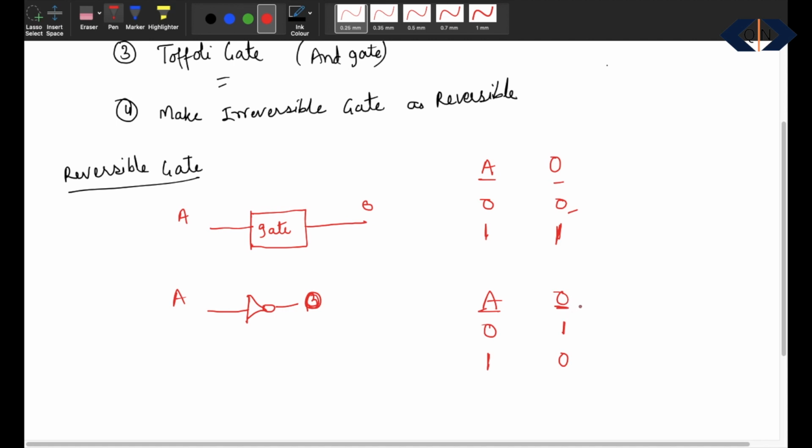So through our output as 1, we can easily determine that our input was 0, and through our output as 0, we can easily determine that our input was definitely 1. So these are interchangeable, meaning when we reverse our output, we can also obtain the input. This is a way of knowing that a particular gate is a reversible gate.